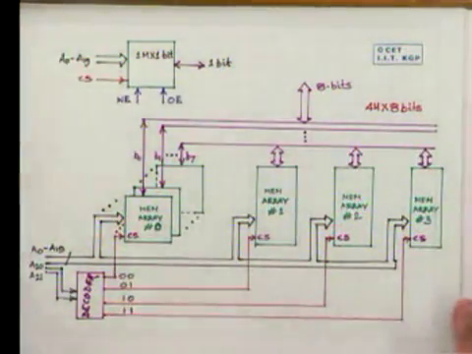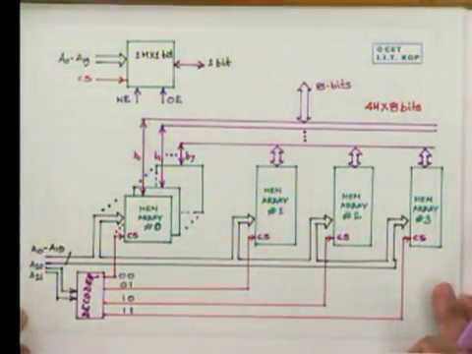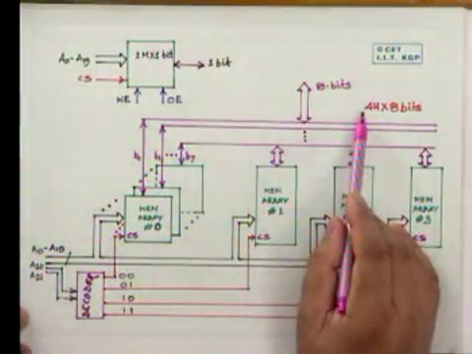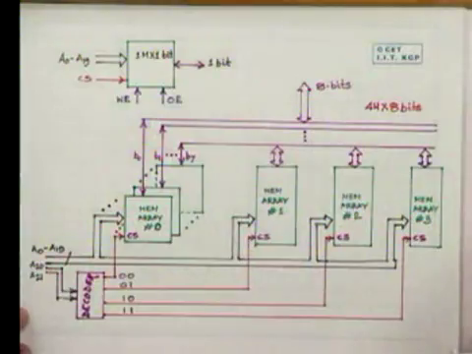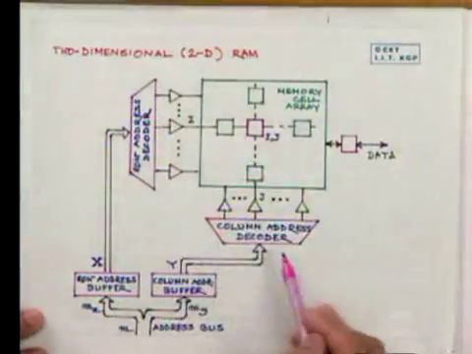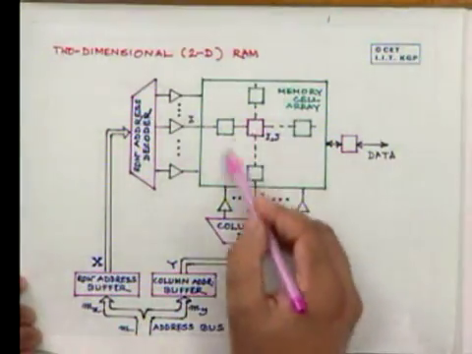This is therefore a memory organization of 4 megabyte by 8 bits that can be made out of this 2-dimensional RAM, which is a 1 megabit RAM.